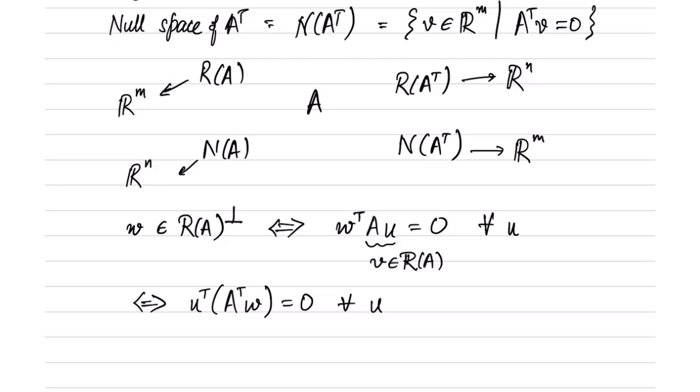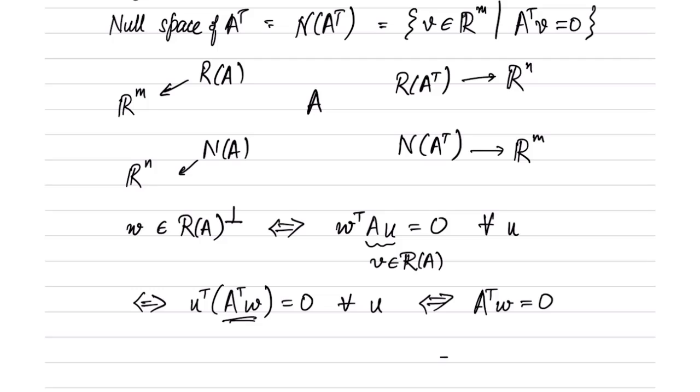This is not really possible unless this vector is 0. So this statement is exactly equivalent to saying that A transpose W is equal to 0. Only when A transpose W is equal to 0 can this product be 0 for all U.